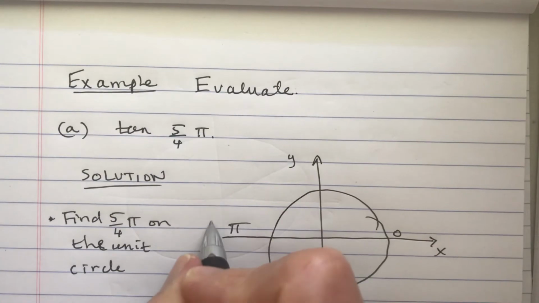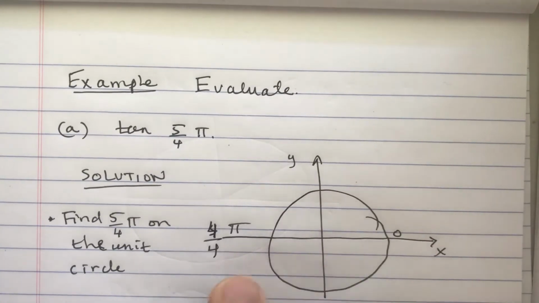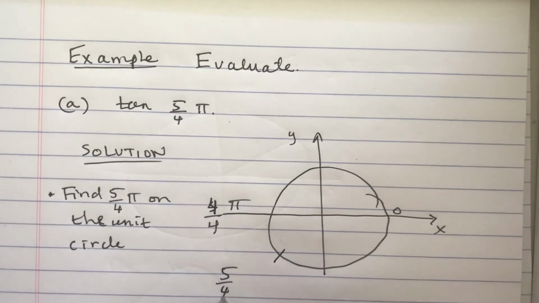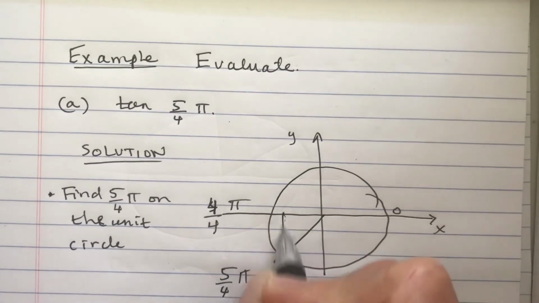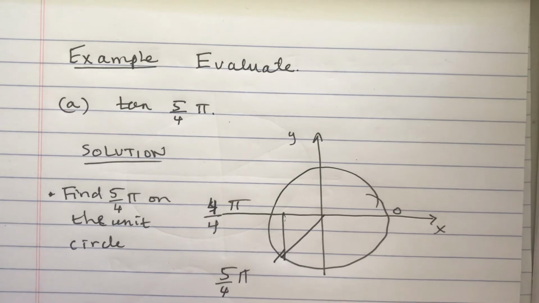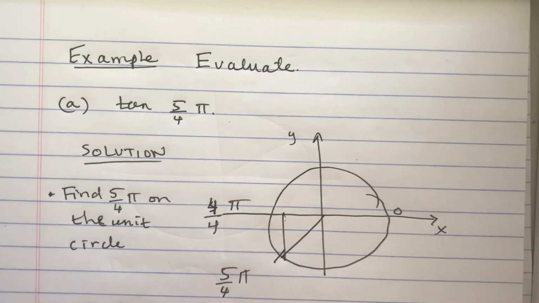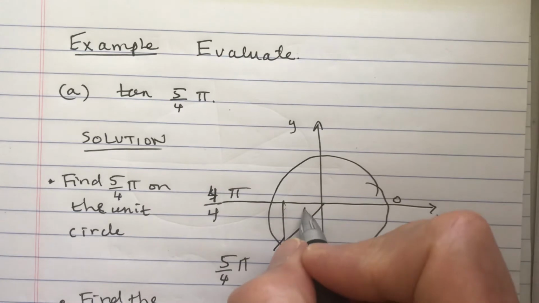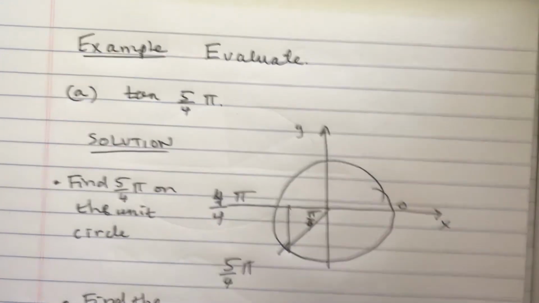So I'm going to write this as 4/4 here. So if this is 4/4, I go 1 more fourth and get 5/4 pi. And then what I do is find the reference angle. Truthfully, if you're doing radians, you just look at the denominator. That's 4. That's going to give you this 5 pi over 4.